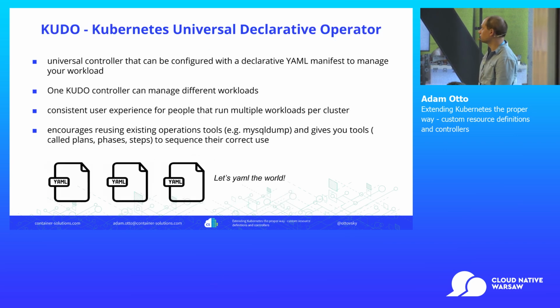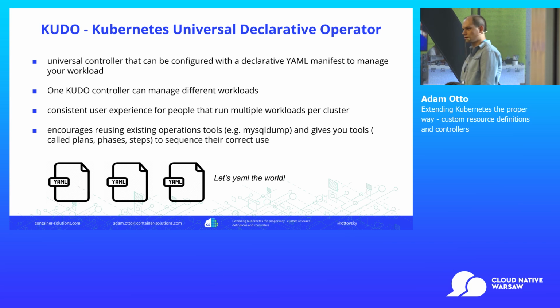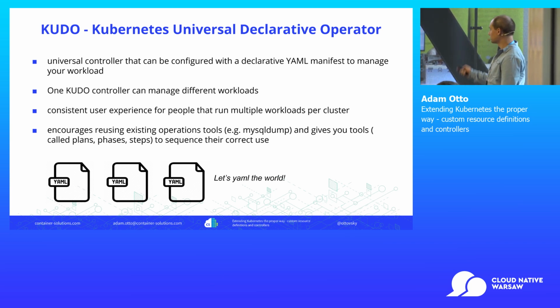Another operator from this family is KUDO, the Kubernetes Universal Declarative Operator from Mesosphere, or whatever they are called nowadays. I think they changed the name. This is a universal controller that can be configured with a declarative YAML manifest to manage workloads.